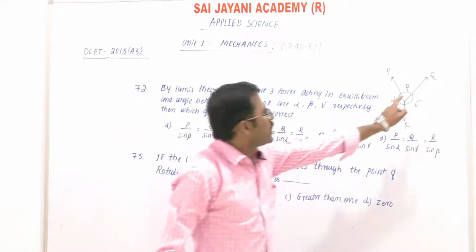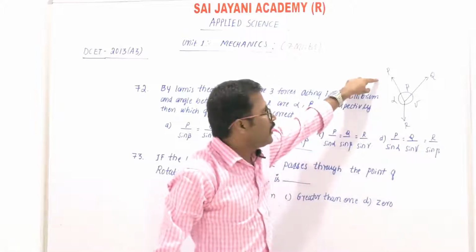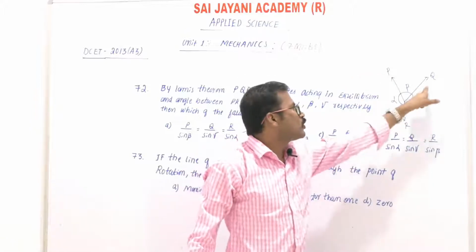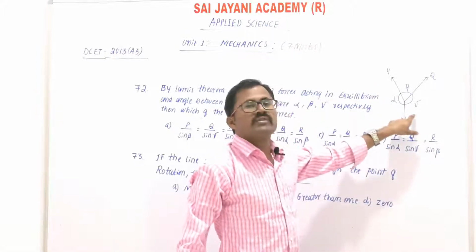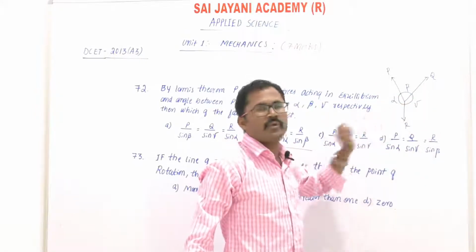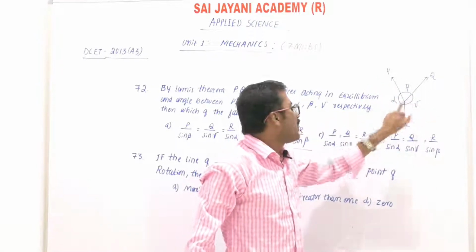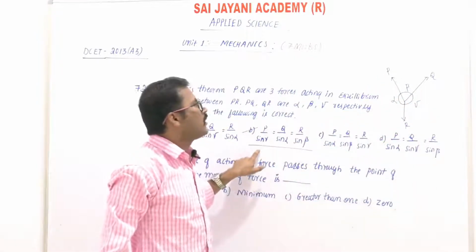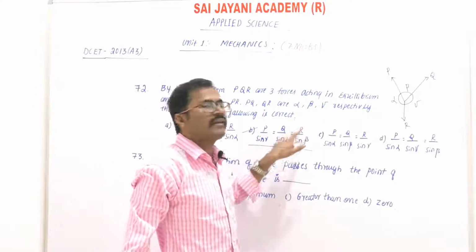So for P we have two other forces, Q and R, and P is directly proportional to the sine of the angle between those two forces. For P we write sin gamma: P by sin gamma is equal to Q by sin alpha is equal to R by sin beta.